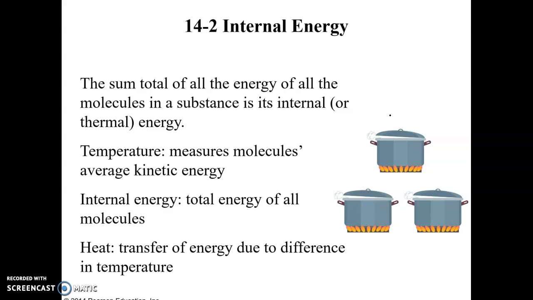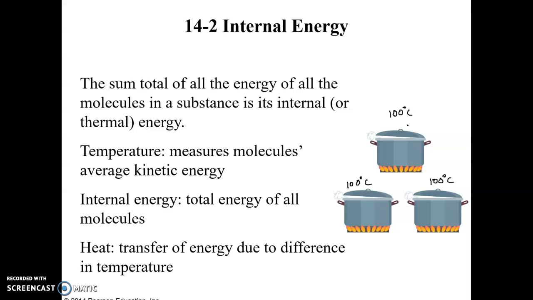Let's say they're all 100 degrees Celsius. That's 100 degrees Celsius, that's 100 degrees Celsius, this is 100 degrees Celsius. So they all have the same temperature. It doesn't matter if I've got one pot of boiling water or I have three.